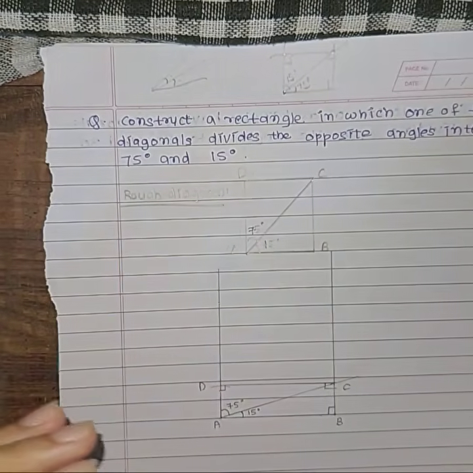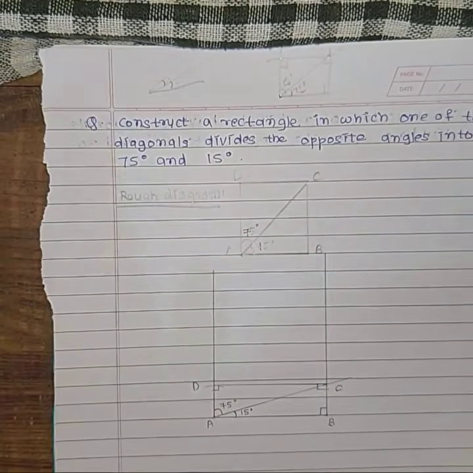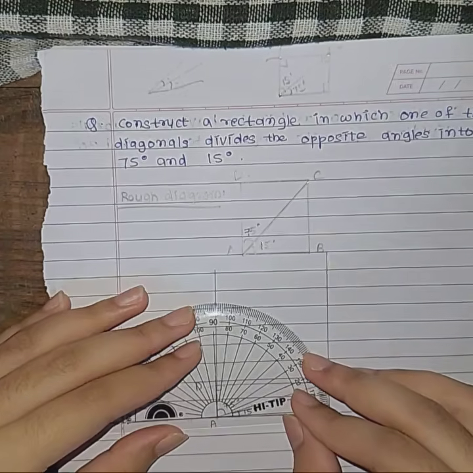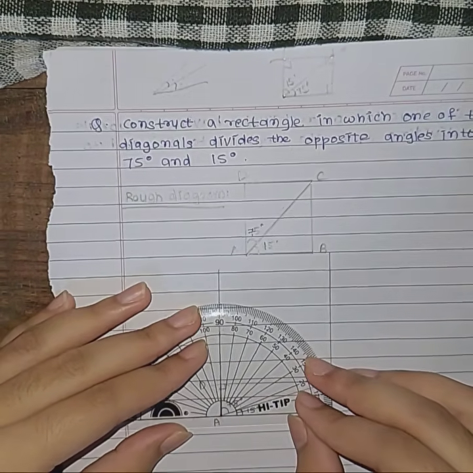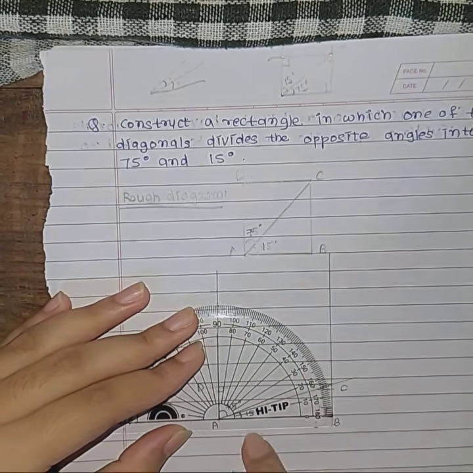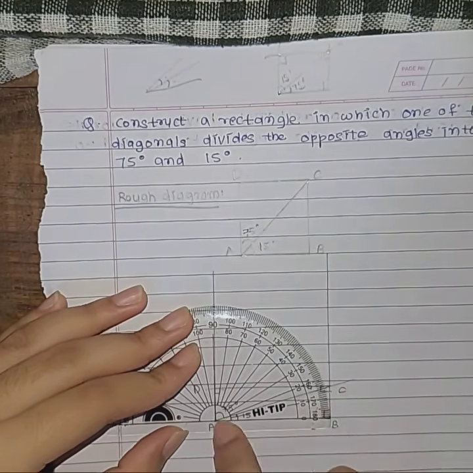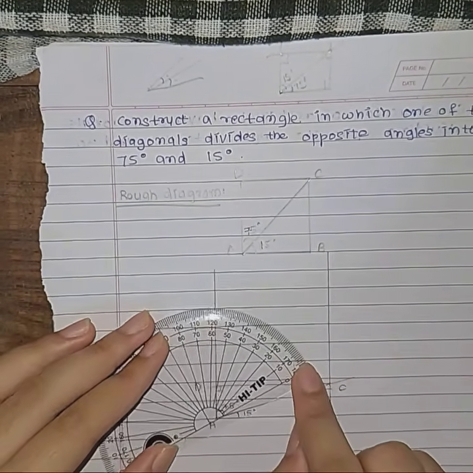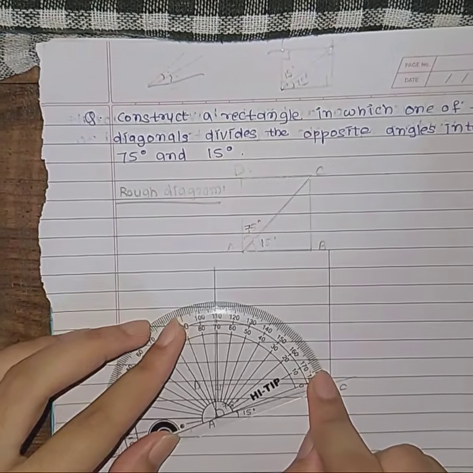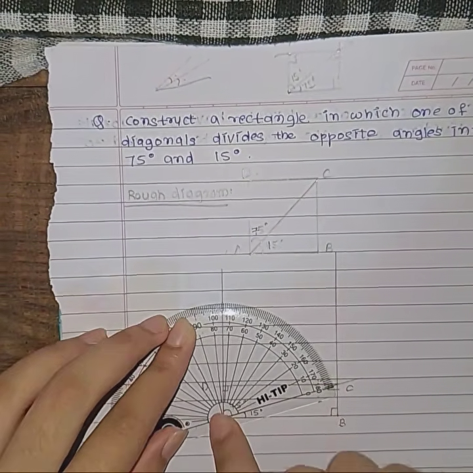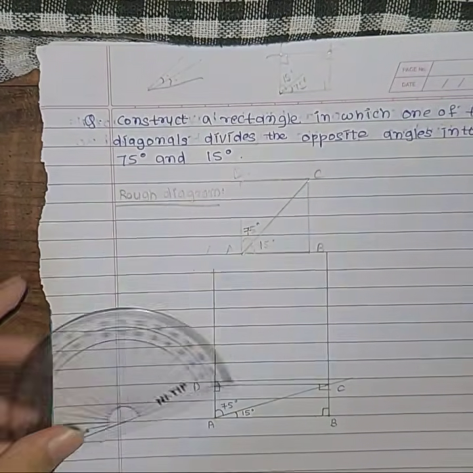So once we will check whether this is actually 15 degrees and 75 degrees. And this is 15 degree. And this is exactly 75 degrees.